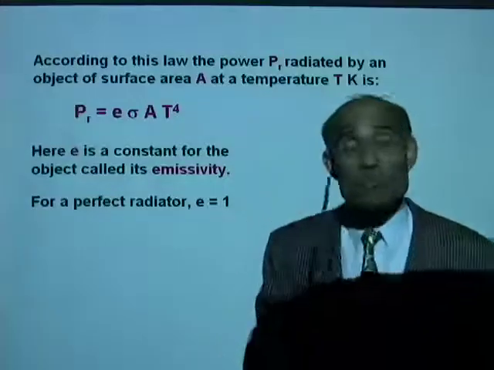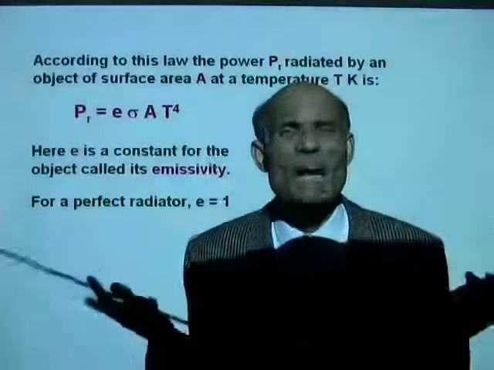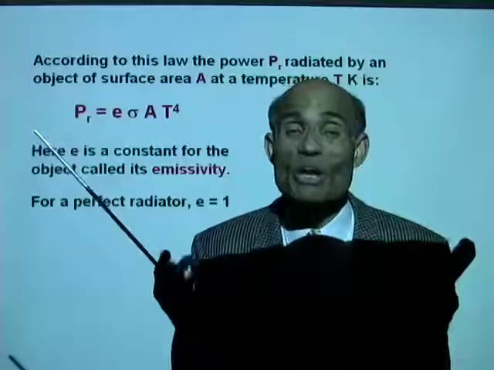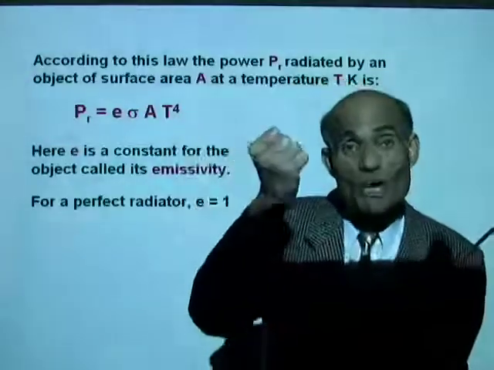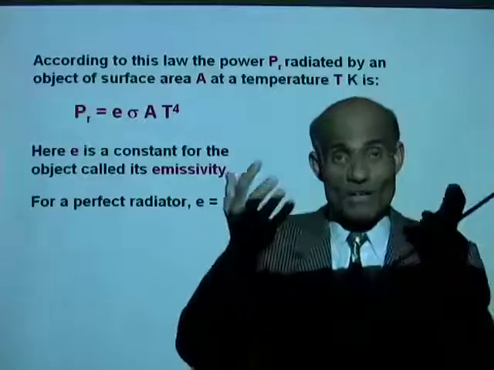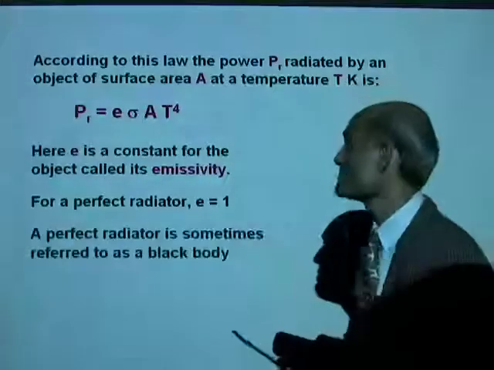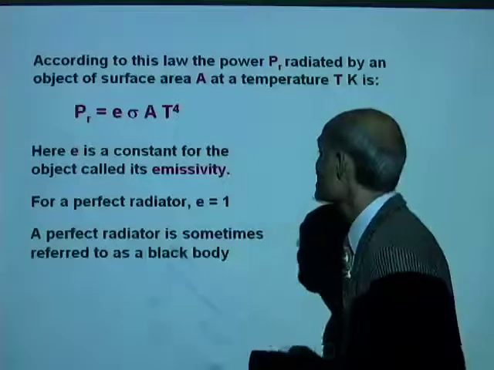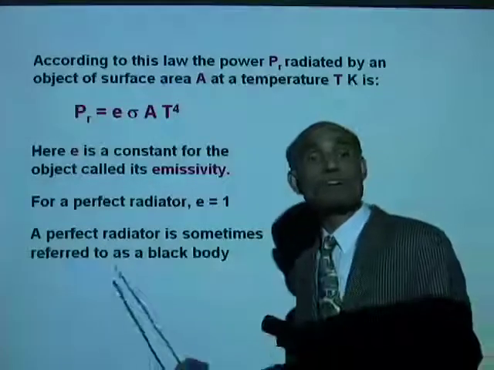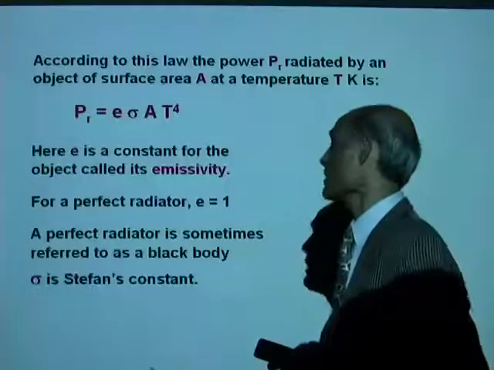And actually, a perfect radiator is called a black body. A black body absorbs all the radiation that falls on it, and it emits maximum radiation at any temperature. A perfect radiator is sometimes referred to as a black body.